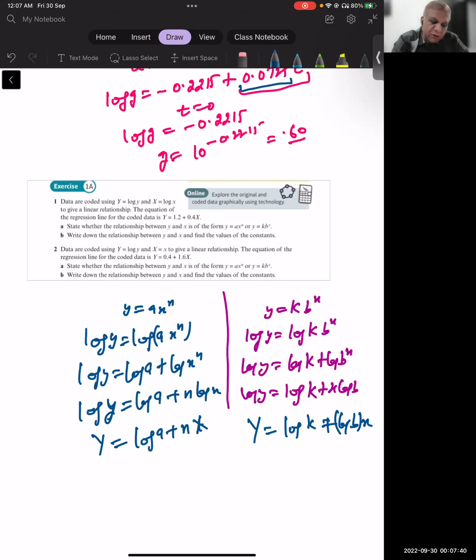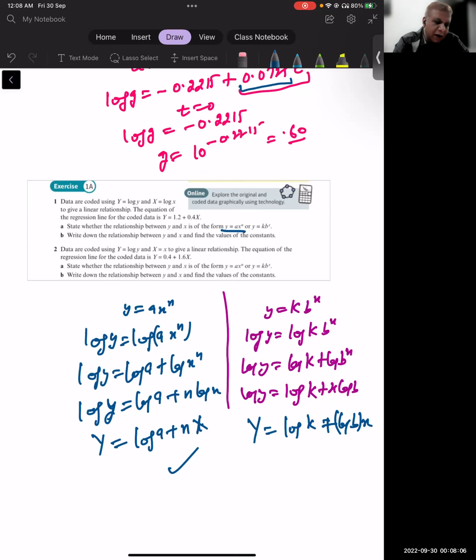So which one is the equation which is given? First one or the second one? The first one. So the question to you is, state whether the relationship between y and x is in the form of y equal to ax to the power n or y equal to kb to the power x. So you will say y is equal to ax to the power n is the relationship. First answer is clear.